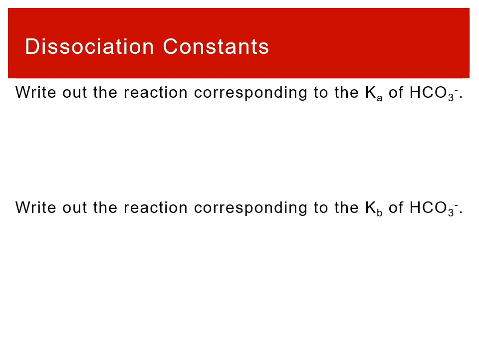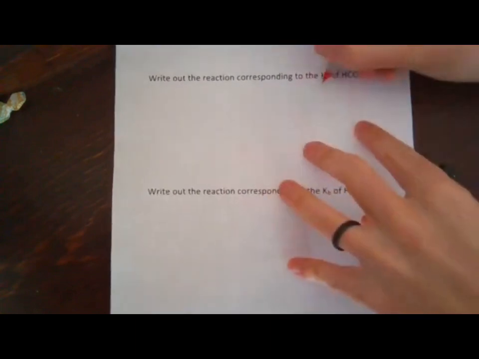So let's get some practice writing out the reactions for these equilibrium constants, these dissociation constants, the Ka or the Kb of HCO3-, which is called bicarbonate. All right, we want the reaction corresponding to the Ka of HCO3-.